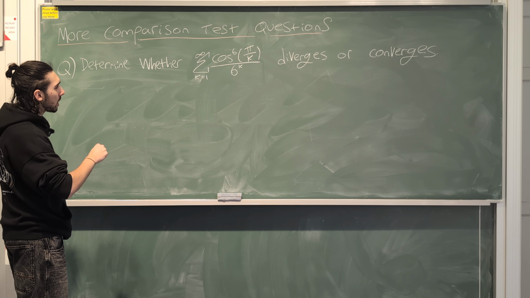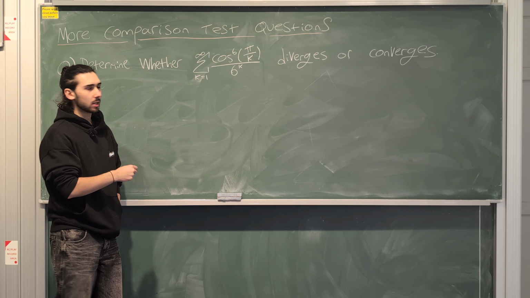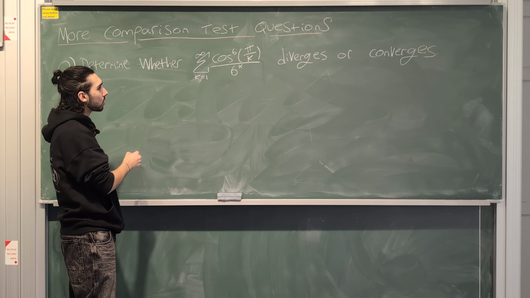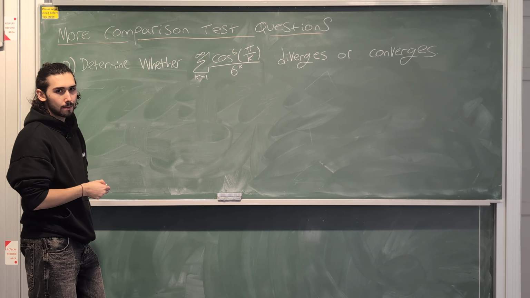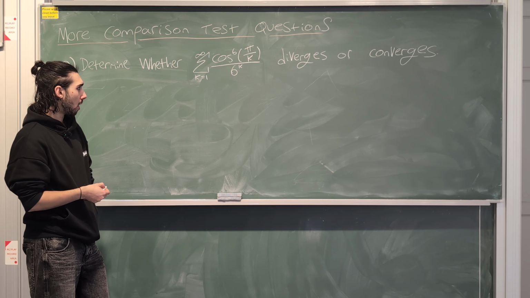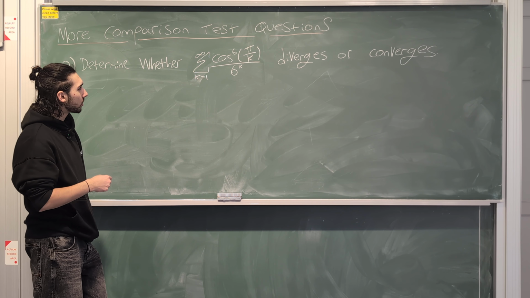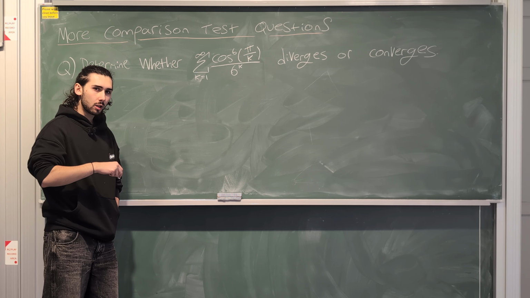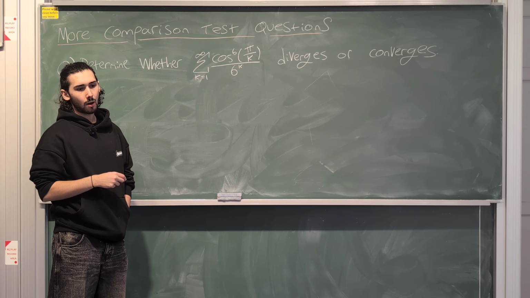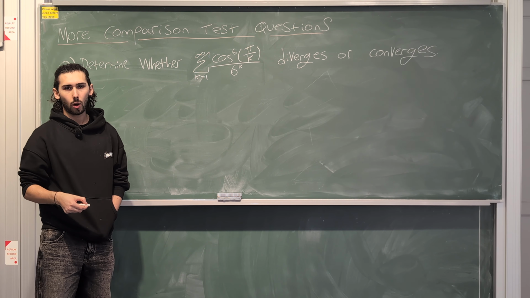So I'm looking at the thing that's probably the most complicated in this, which is the whole cos thing. So cos to the 6 of pi over k. That is just very difficult to work with. Now, cos of anything will only take values between -1 and 1.